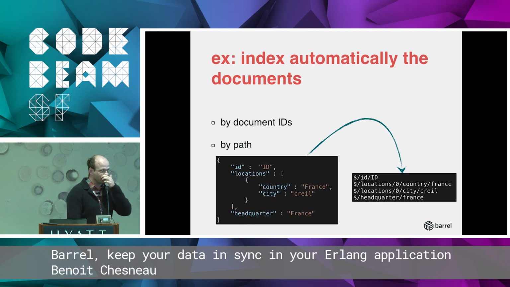By default, you can find in Barrel a dynamic ARS record, which is atom record sequence, and a database engine, which indexes every document that came in that view and creates paths. So if, for example, you have that data structure, ID, location, and subproperties, country, cities, etc., it flattens the document and creates the paths.